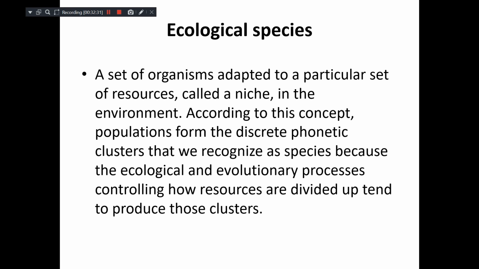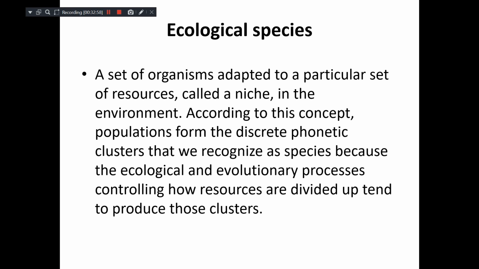What is niche? Feeding and breeding ground in the environment. This is in order to avoid the competition. In order to avoid the competition, each organism has its own niche. At least each species has its own niche. They are adapted to a particular set of resources.